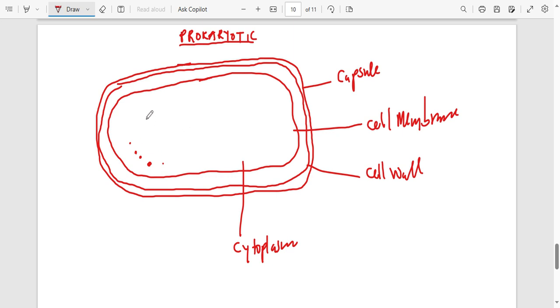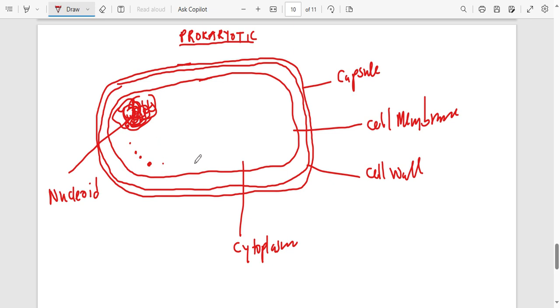But DNA here is found in two forms. DNA is not in the nucleus, so we are going to see DNA just together like that. It is known as a nucleoid. There is no nucleus. DNA is just found together, and it is known as the nucleoid.